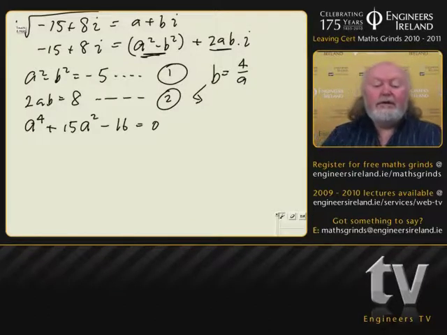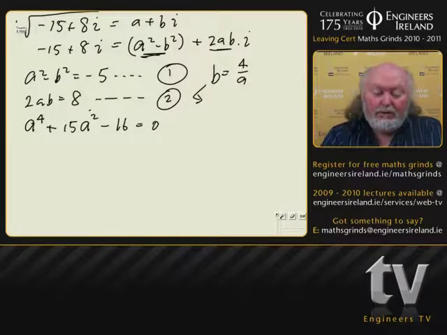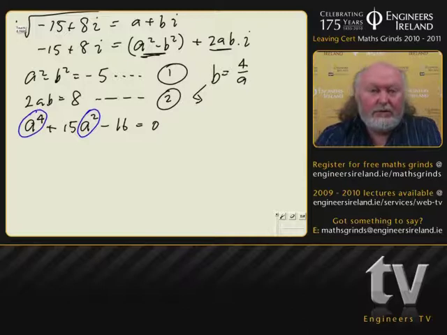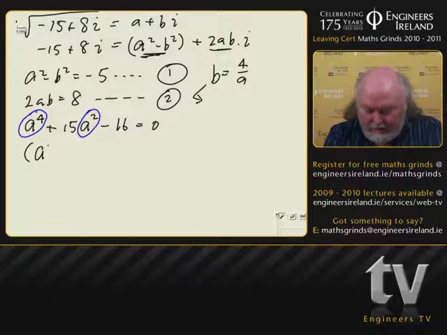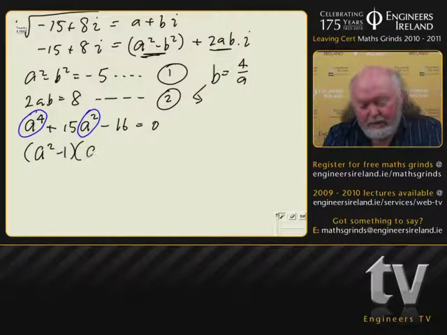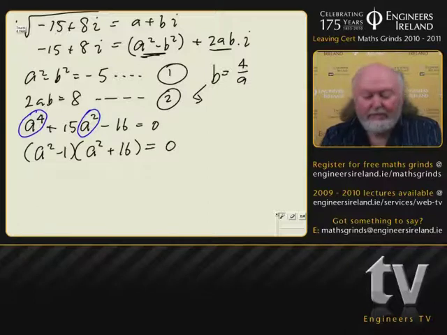Now this is still a quadratic, because I can imagine a number c which is equal to a squared, so technically you say that's c squared plus 15c minus 16. And now we're saying, okay, well if that's the case, I can now factor it like that. So I can say (a squared minus 1)(a squared plus 16) equals nothing.